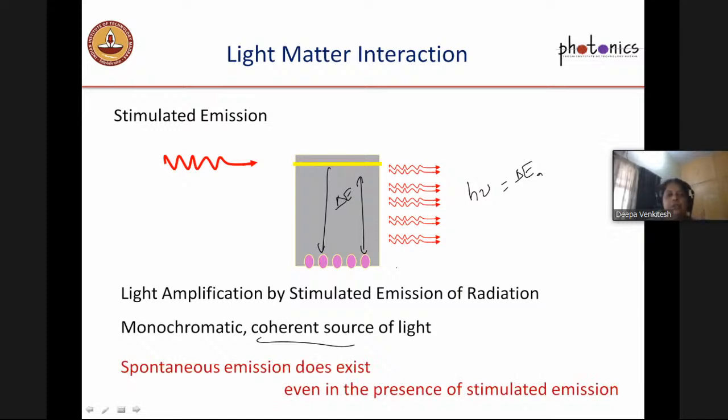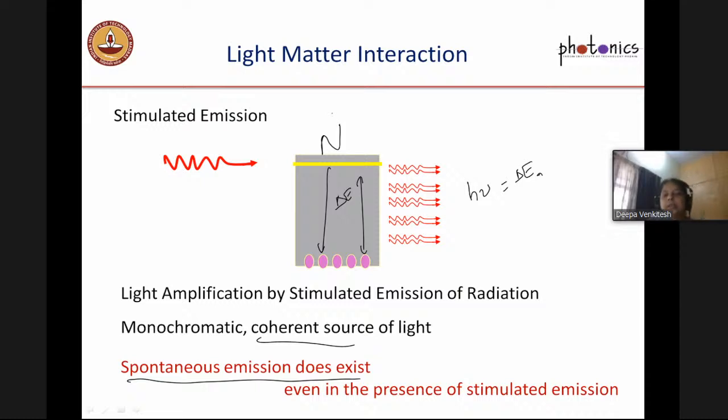The important point to note here is that in a system where you have stimulated emission, it doesn't mean that the spontaneous emission does not exist. So the key take-home point here also is that out of the N ions in the excited state, a majority of these ions would get de-excited because of stimulated emission, but there is still a small fraction of photons which get de-excited on their own.